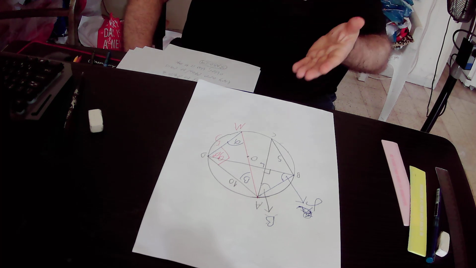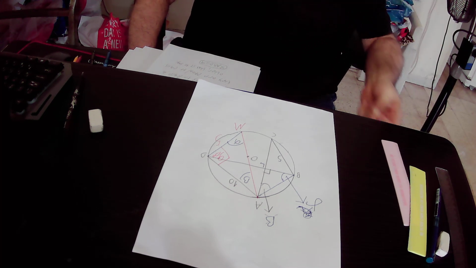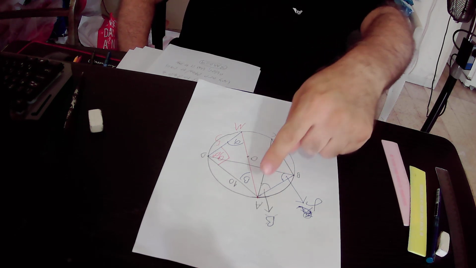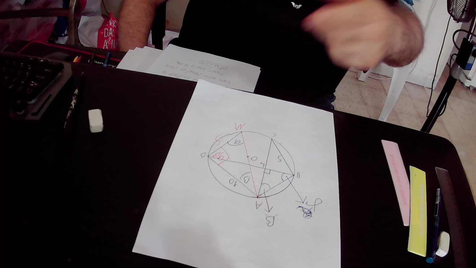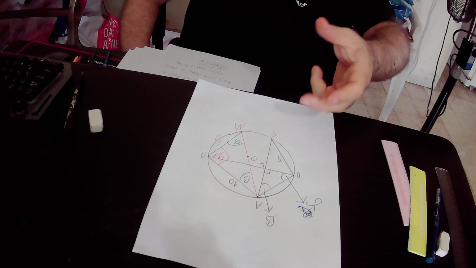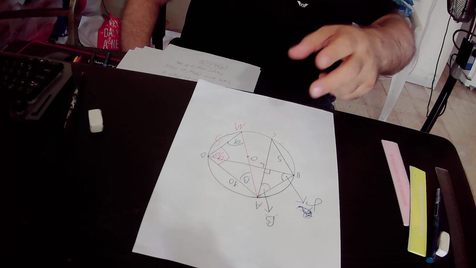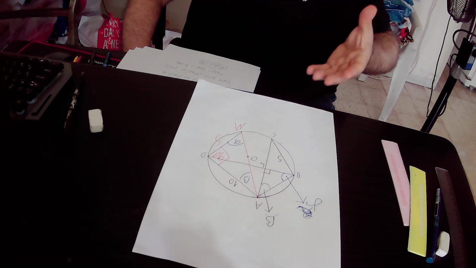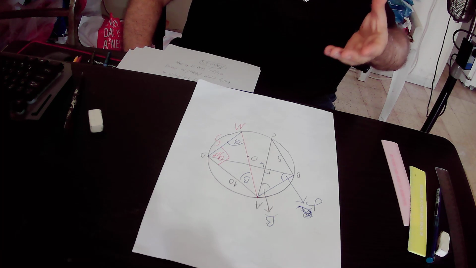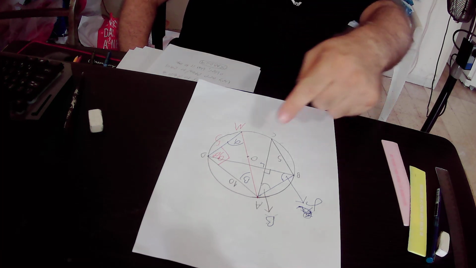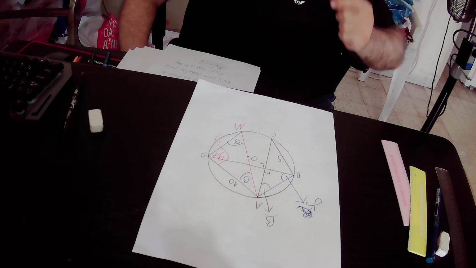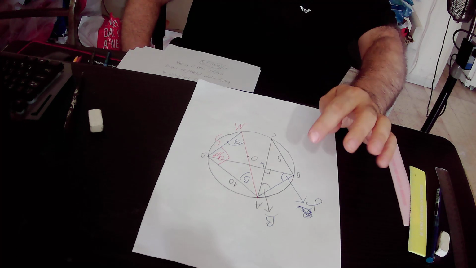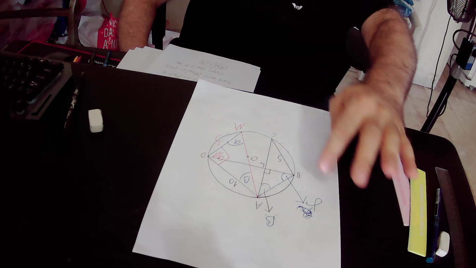So according to rule number 2, angle ABD equals angle alpha, because both of those peripheral angles rest on the same chord AD. Okay, so I marked angle ABD as alpha.